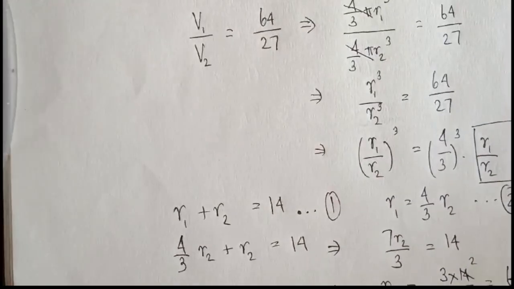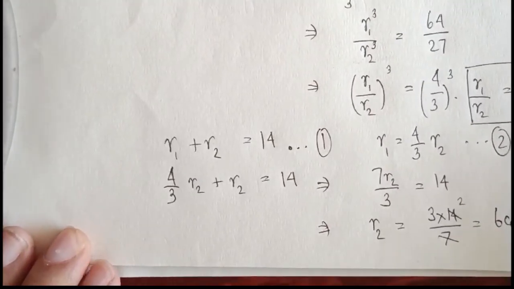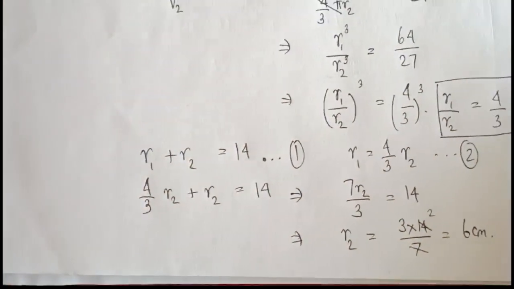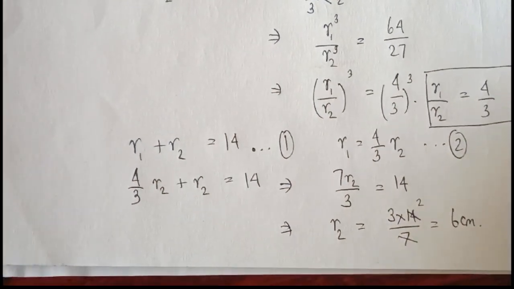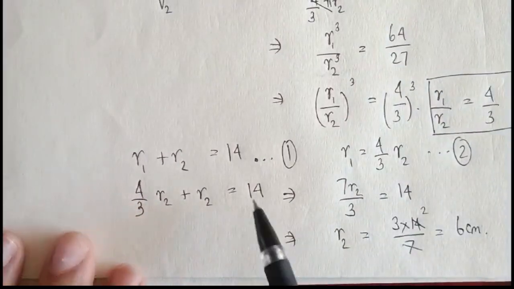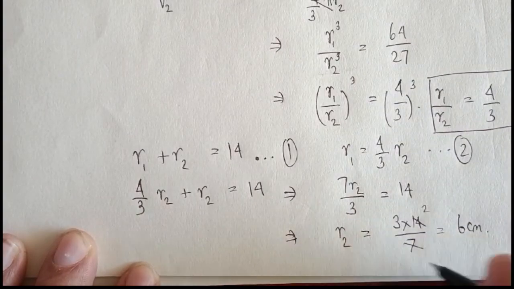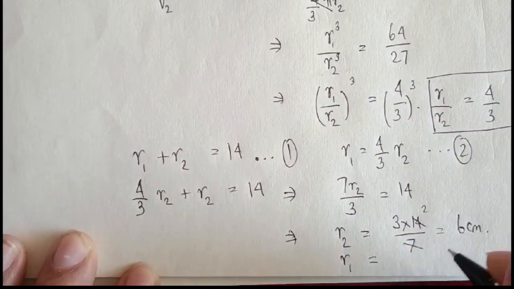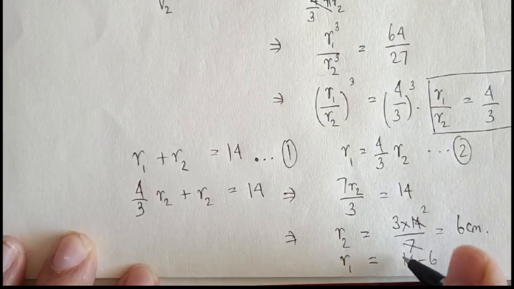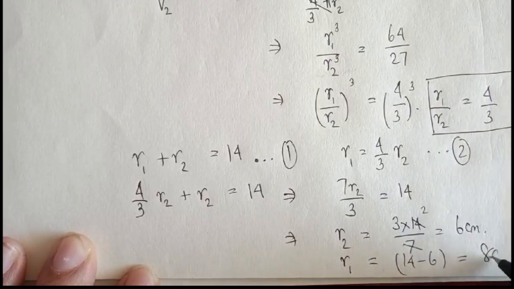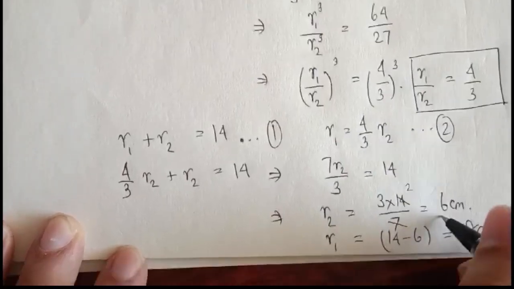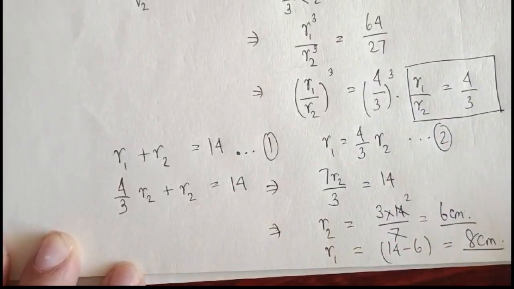Sorry, there is a lack of space here. And R1, as we know, R1 plus R2 is equal to 14. So R1 is equal to 14 minus 6 is equal to 8 centimeters. So we have R1 and R2 solved here.